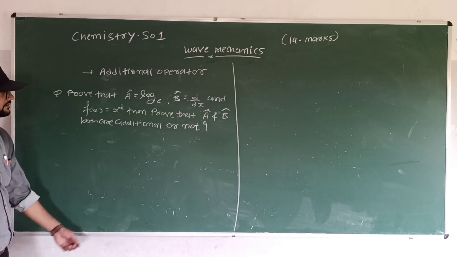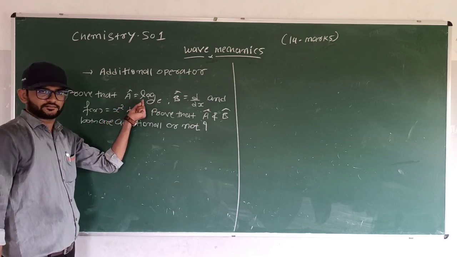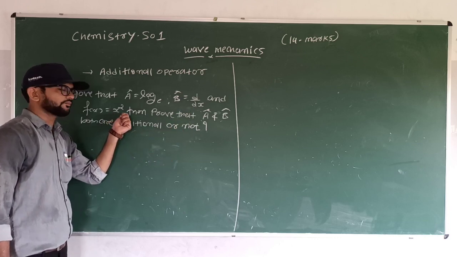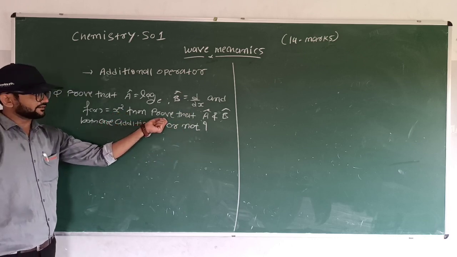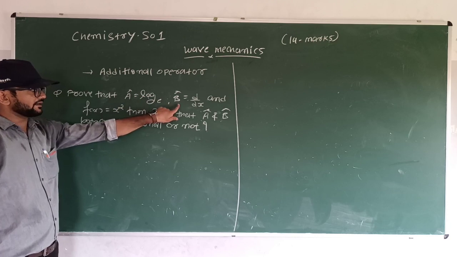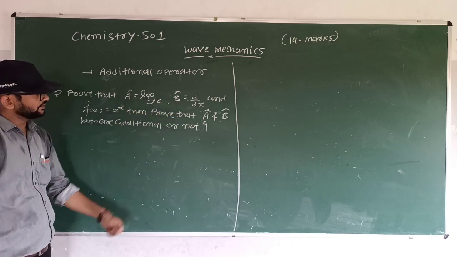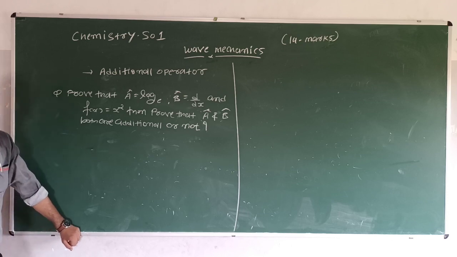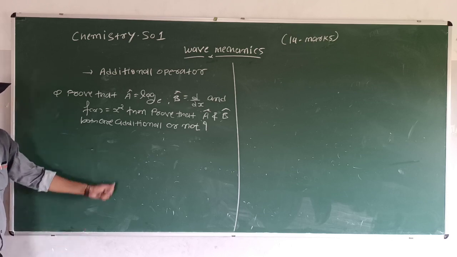So the question is, A cap is equal to log base e, B cap is equal to d/dx, and function f(x) is equal to x squared. Then prove that both operators A cap and B cap are additional or not. In this case, first write the mathematical expression of an additional operator.